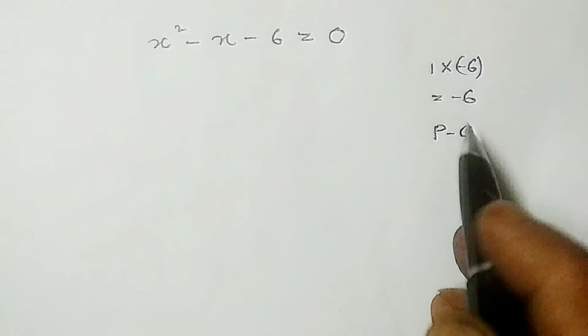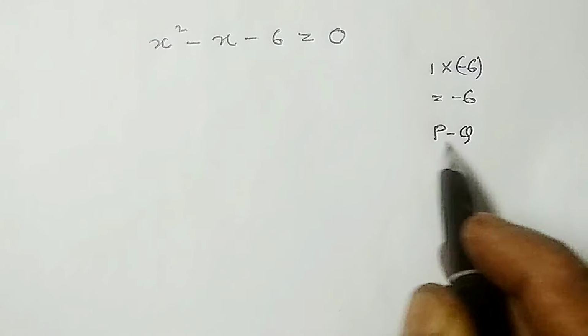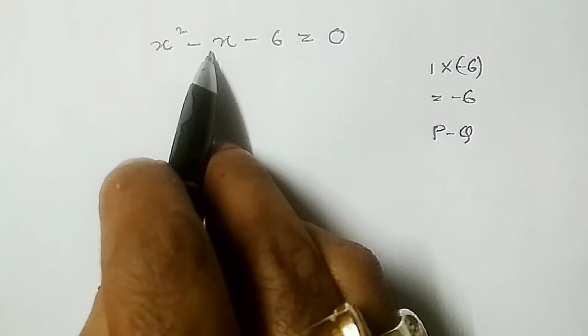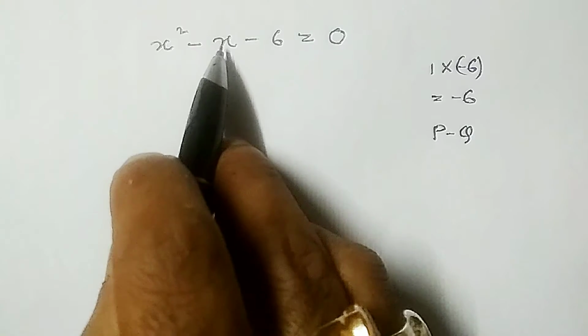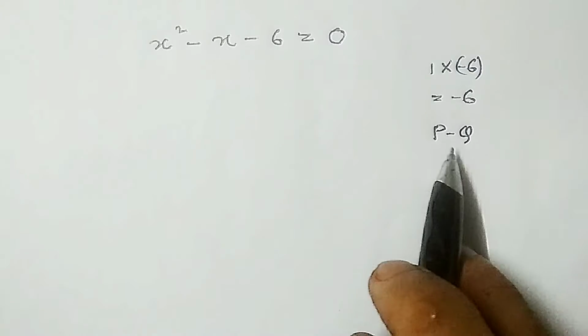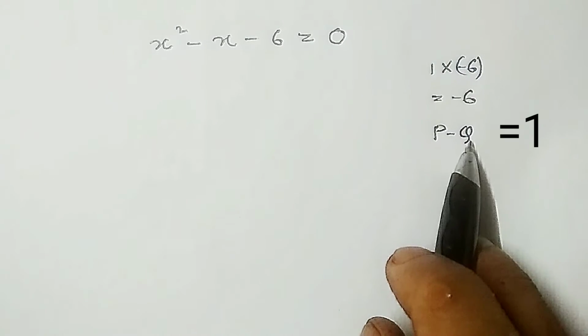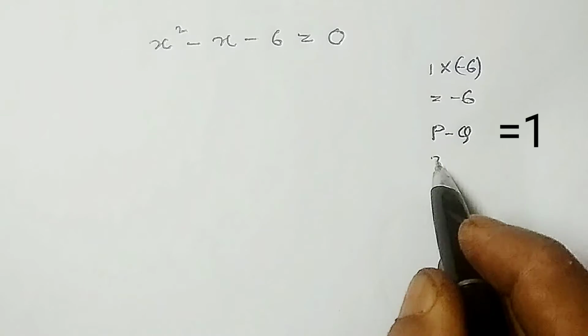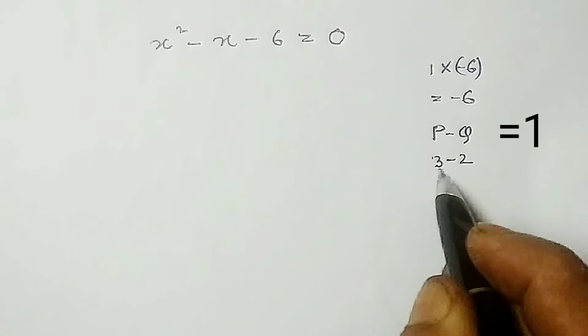Since it is negative, we need two numbers whose difference is the coefficient of x, ignoring the sign, which is 1. So we need two numbers whose difference is 1 and product is minus 6. We can consider 3 and 2, because 3 minus 2 is 1.